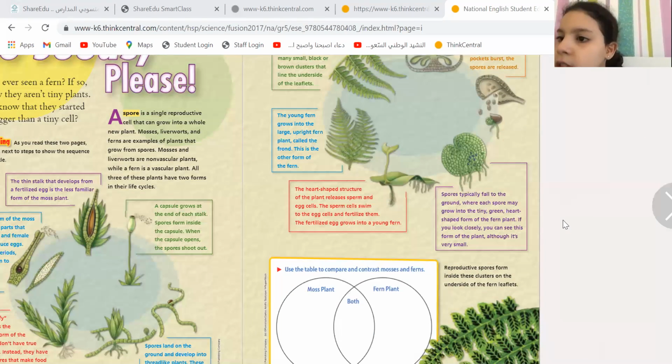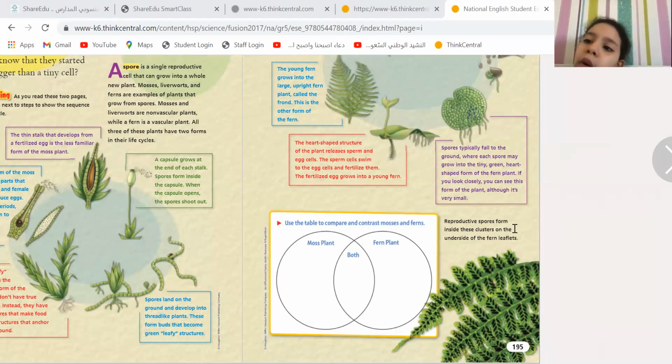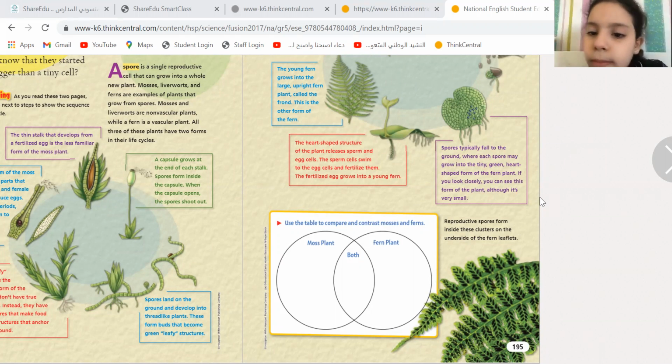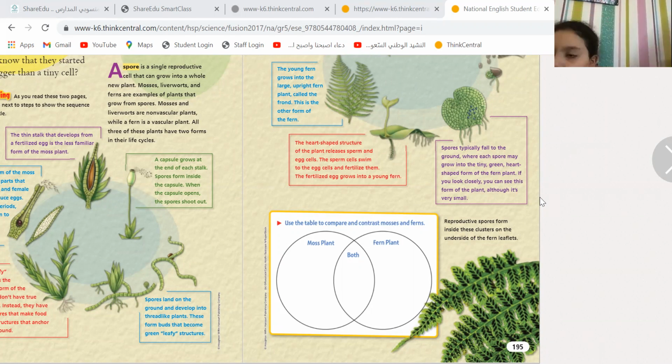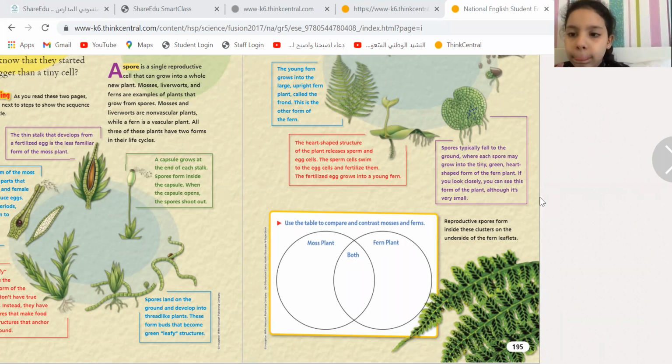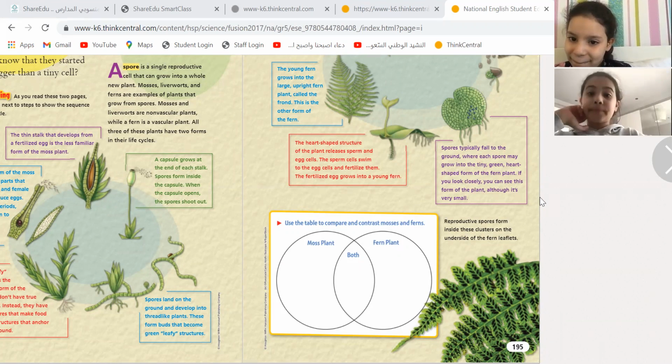Can I ask you something? Of course. How do they grow on the surface? Okay, how do they grow? First of all, they must have the basic needs that plants need. The basic needs are water, air, space, and sunlight. If you give them the basic needs, definitely if there is a spore, it will grow. When it has enough water, it will make its own food, and then it will use sunlight for energy, then it will grow.